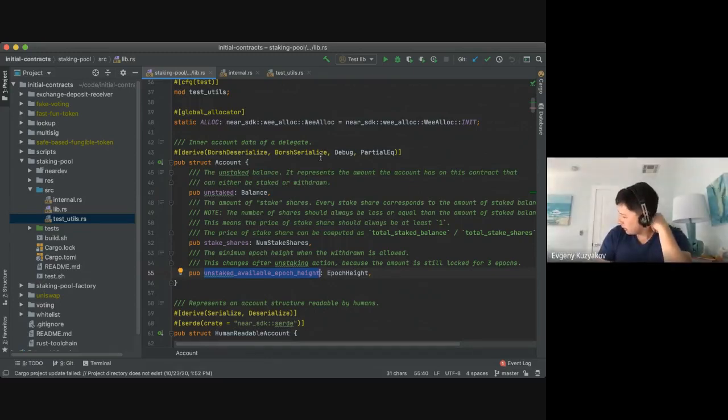Right. So I think the idea of shares is not that new, because on Ethereum the majority of liquidity providers and automated market makers use a similar concept. When you deposit to the liquidity pool, you get some kind of token from this pool instead of the actual amount represented there.